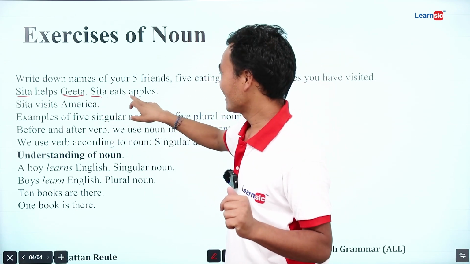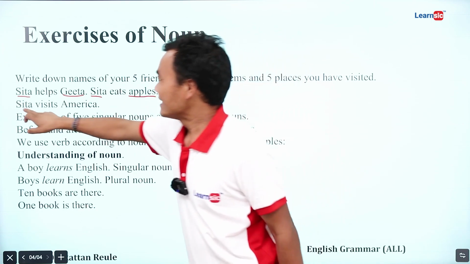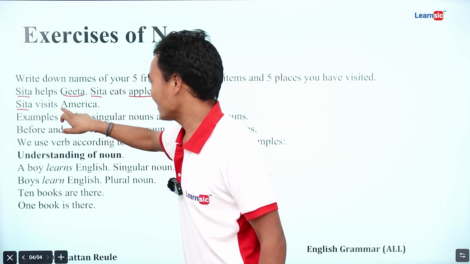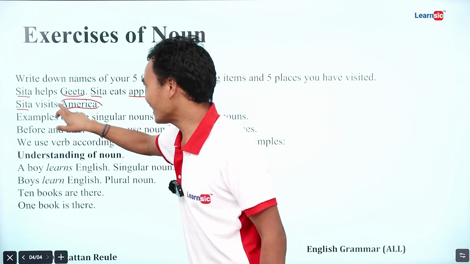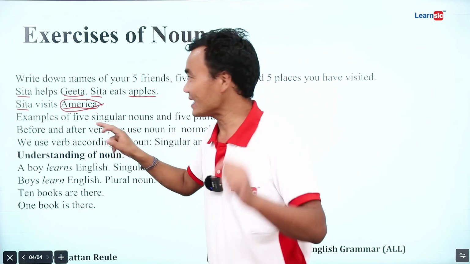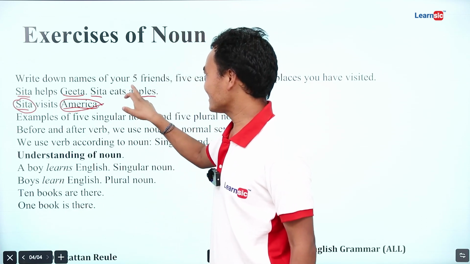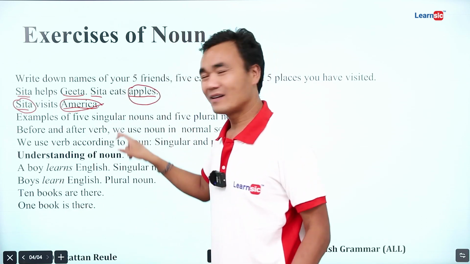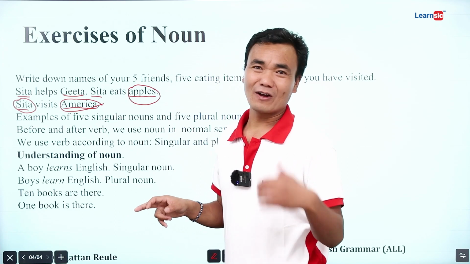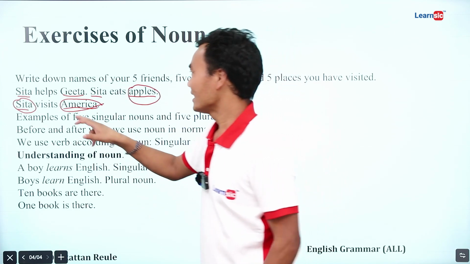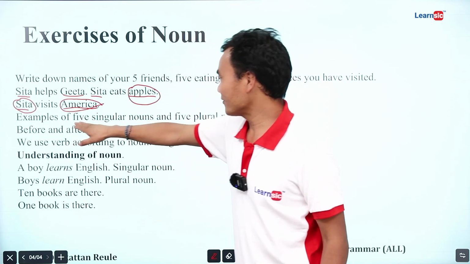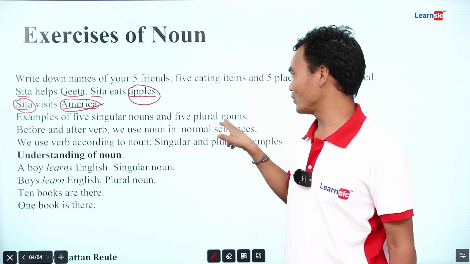Sita, again apple, example. Sita visits America. America is the name of country and Sita is the name of girl. And this is apples, also the example of the name of fruit. So examples of 5 singular nouns and 5 plural nouns.